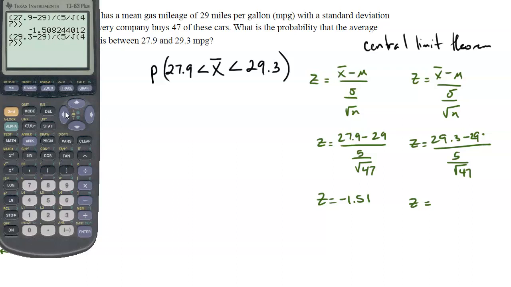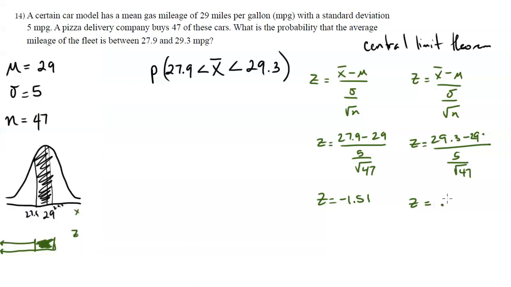There we go. 0.41. So this question is really asking now, if I convert it to standardized normal values, what's the probability that z is in between negative 1.51 and 0.41?